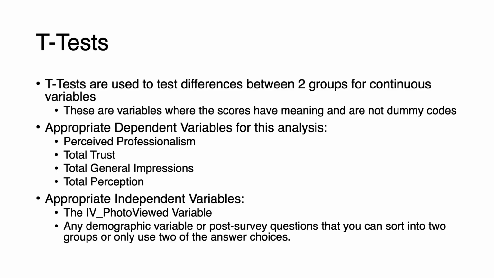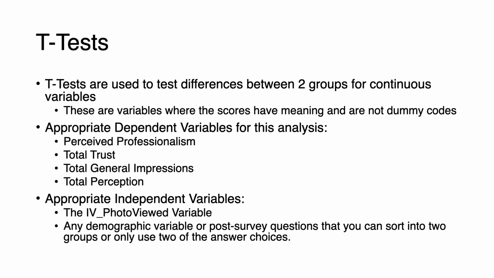For example, if you want to look at groups 3 and 4, which would be later answer choices, you would have to type that into the independent variable section. So make sure the codes you are using match the codes that you want to be investigating.